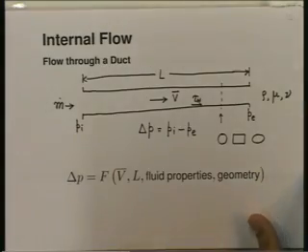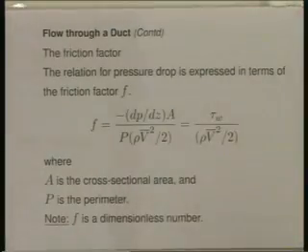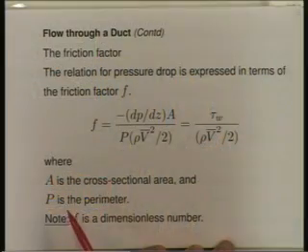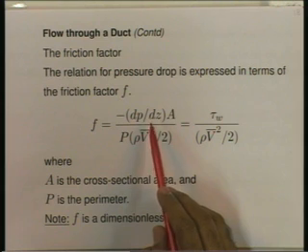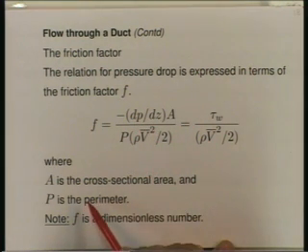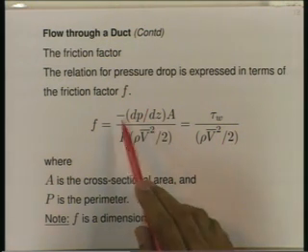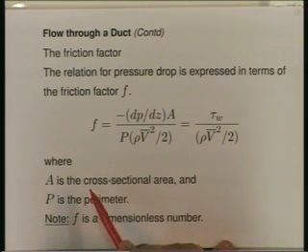In such a case of internal flow, we define a term called the friction factor. The friction factor relates the pressure drop to the other properties of flow, velocity and also to geometry. The friction factor is defined either in terms of the pressure gradient, the partial derivative of pressure with respect to the direction of flow.